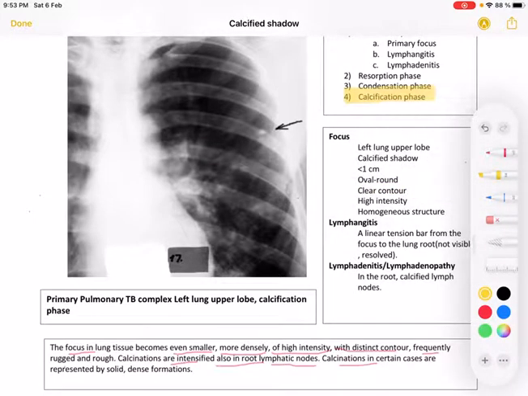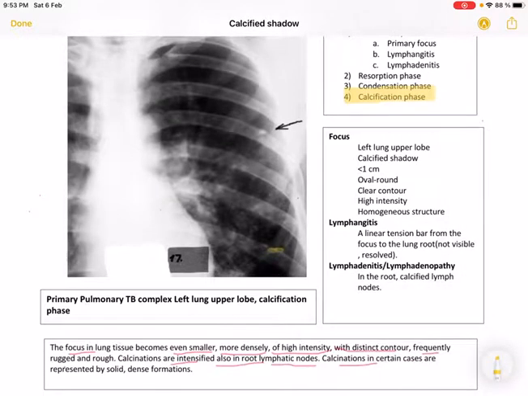Now we will see how we can explain this calcification phase. First of all, we need to know where the focus is. For example, this is the focus. We can see that a white area is the calcified area.